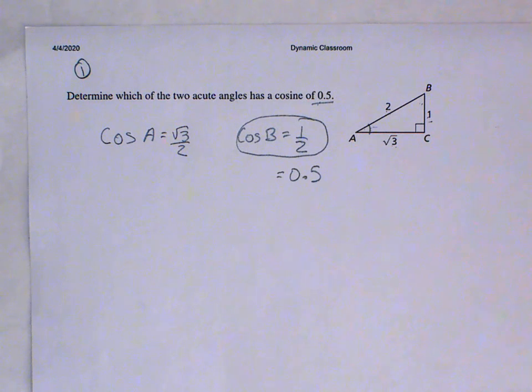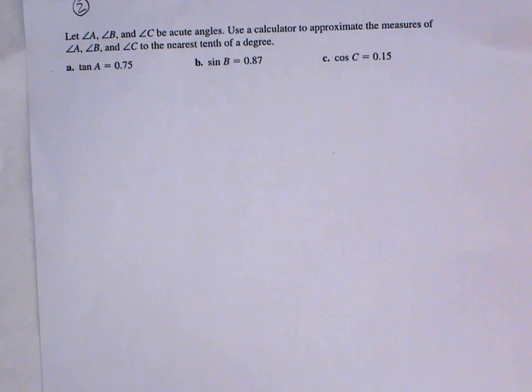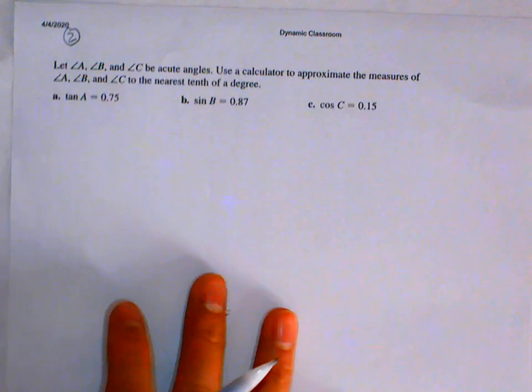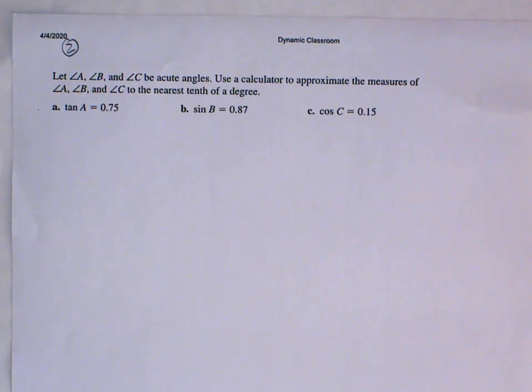Let's look at number 2. Okay, for number 2, it says let A, B, and C be acute angles. Use a calculator to approximate the measures of the angles to the nearest tenth of a degree. So guys, this is all calculator work.